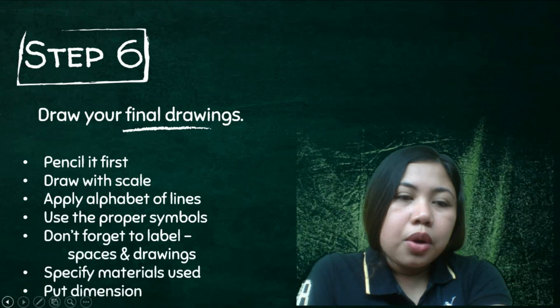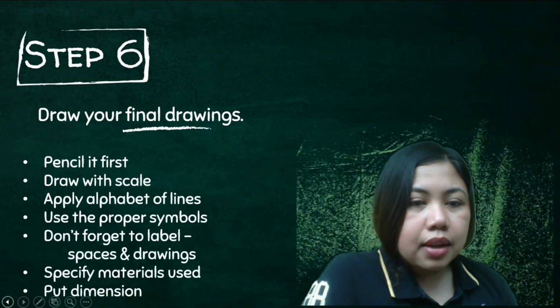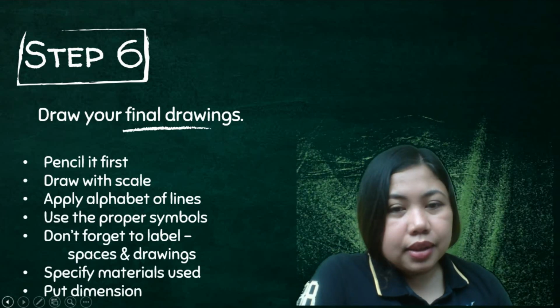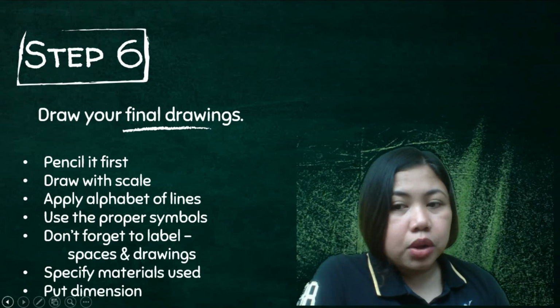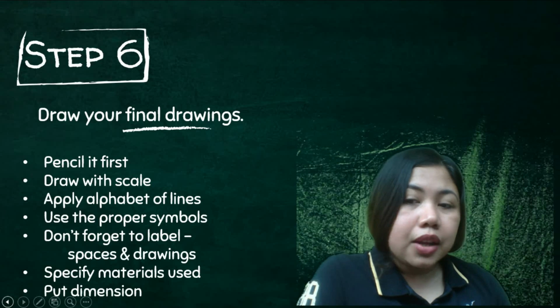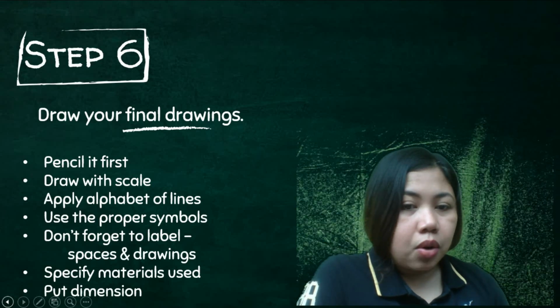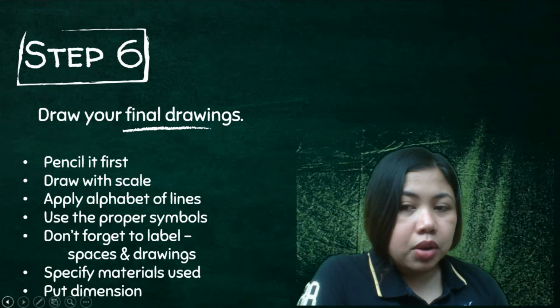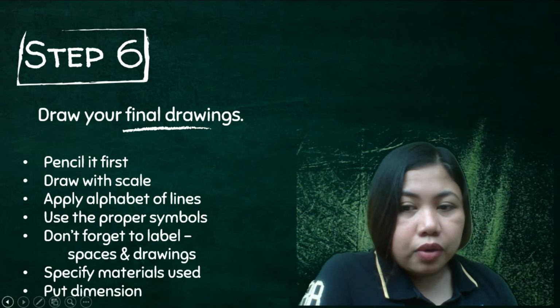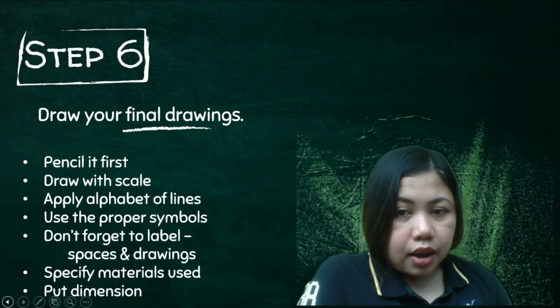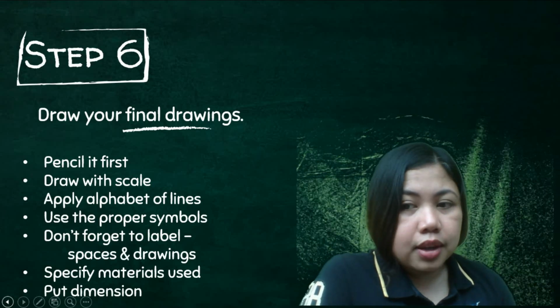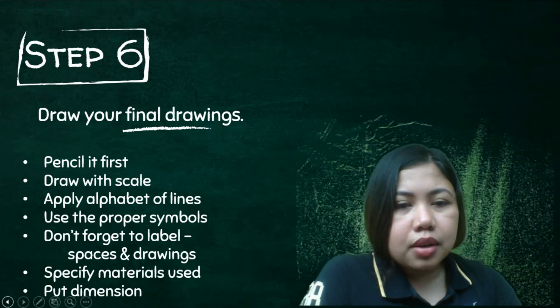So you pencil it first, you draw with scale, you apply alphabet of lines, and you use proper symbols, because it's very critical. If you use the wrong symbols, you wouldn't be able to convey your idea very well. It will create misinterpretations, and that is not good.